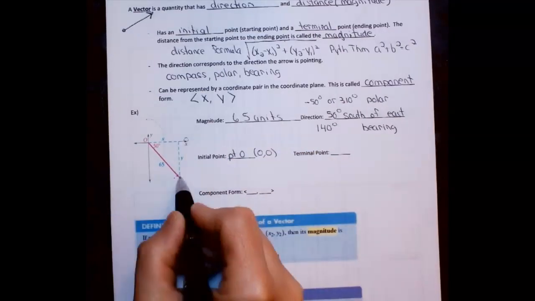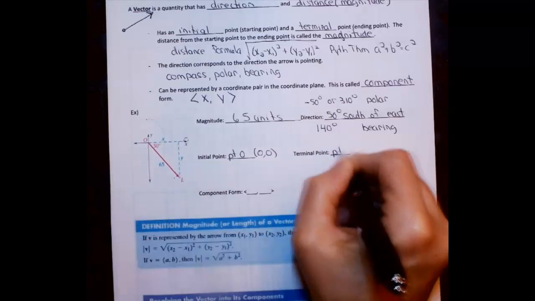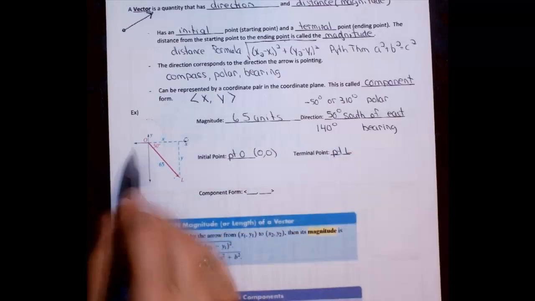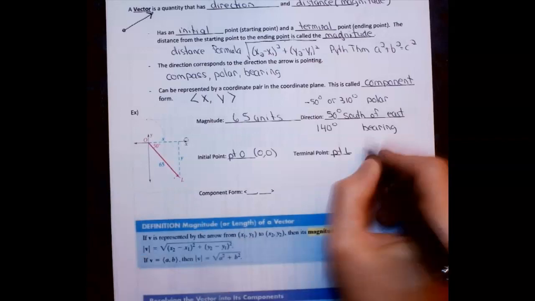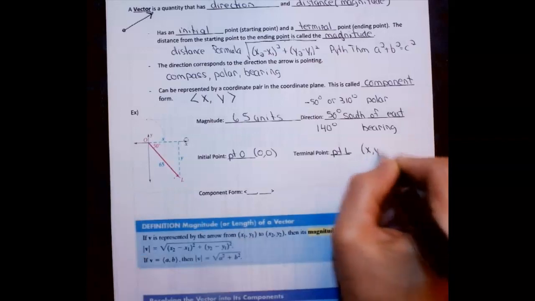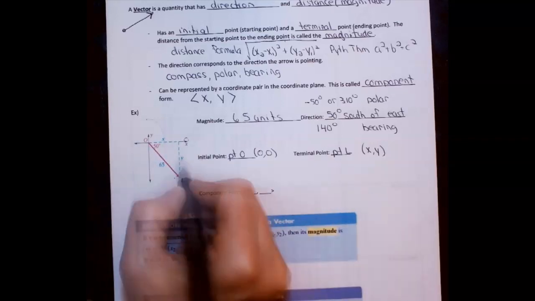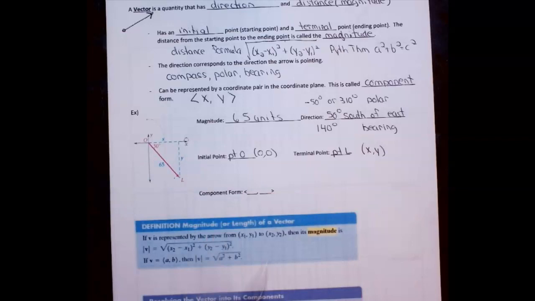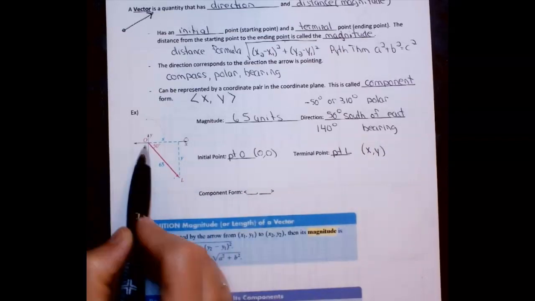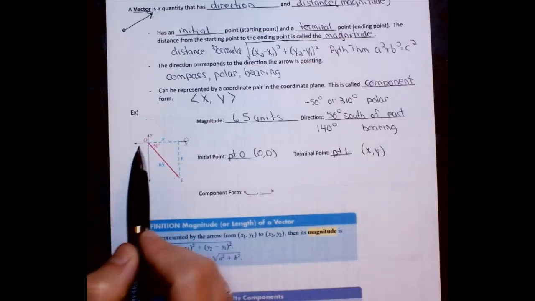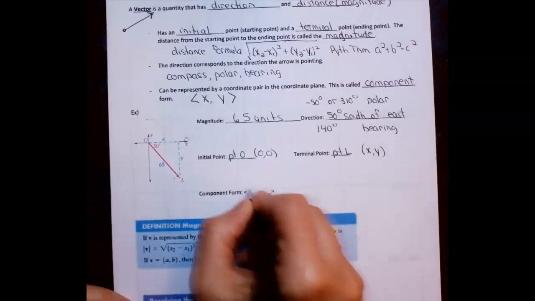Our terminal point is down here, which is point L. We don't know these exact coordinates, but we can see it would be whatever the x is, whatever the y is. And then finally, you've got your component form, which would be that x comma y. Now, the only time these are going to be exactly the same, if you can imagine, is if my initial point was at the origin, but we'll certainly be looking at vectors that don't necessarily start from the origin.